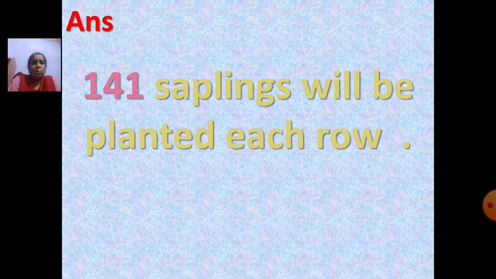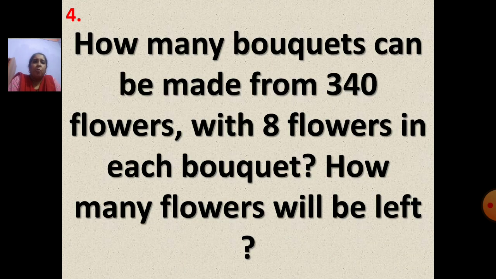Now, fourth question. How many bouquets can be made from 340 flowers with 8 flowers in each bouquet? How many flowers will be left? So, here again you are going to write the statement. So, let us write the first statement.